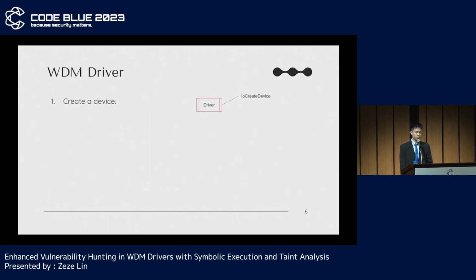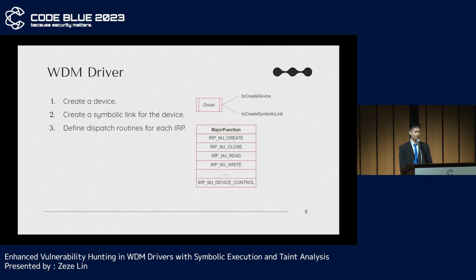The steps to create a WDM driver are as follows. First, it creates a device using IoCreateDevice. Then it creates a symbolic link for the device by calling IoCreateSymbolicLink. Next, the developers of the WDM drivers can define dispatch routines for each IRP, for example IRP_MJ_CREATE and IRP_MJ_CLOSE.